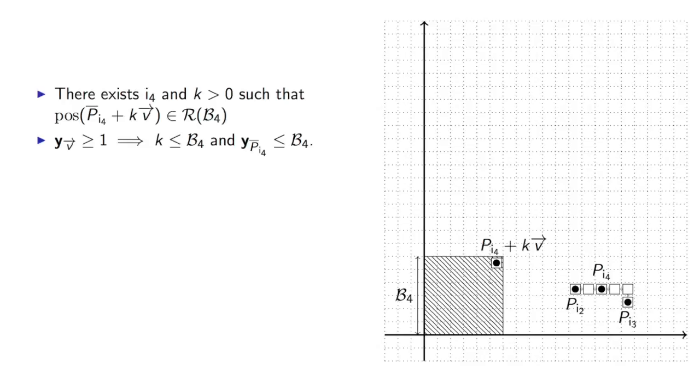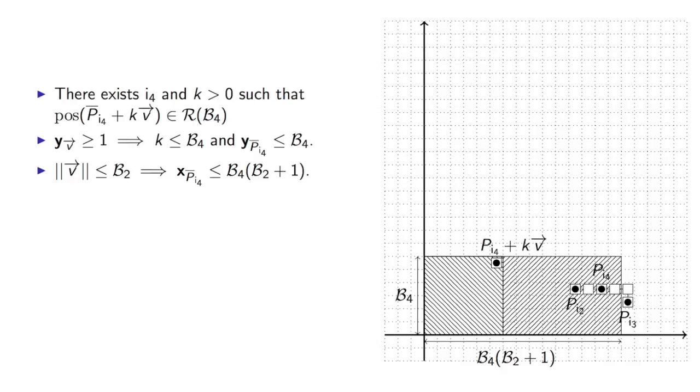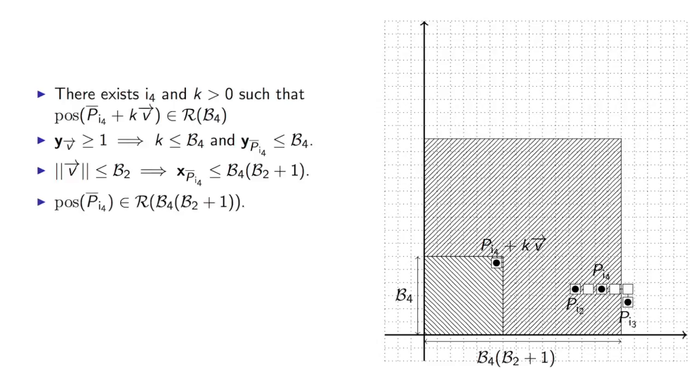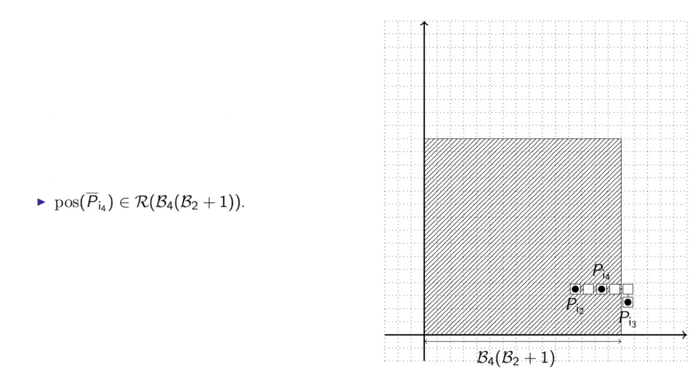Otherwise, the translation of P_I4 by kV would be too high to be in the shift zone. This also means that the ordinate of P_I4 is less than b4. By the shift constraints, the norm of V is bounded by b2, and since k is bounded by b4, then the abscissa of P_I4 is less than b4 times b2 plus 1. Then the tile P_I4 is inside this square.